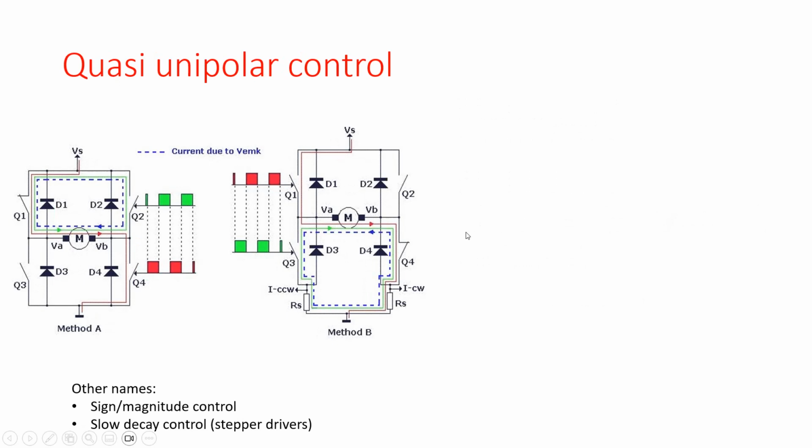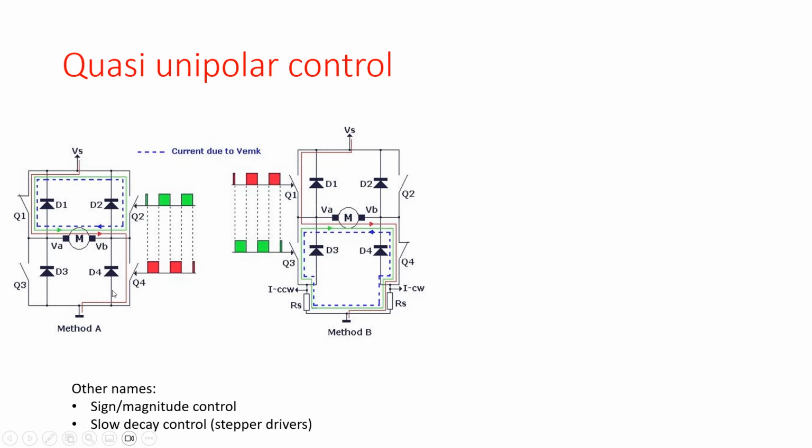Well, then let's look at the so-called quasi-unipolar control, which is also called sign magnitude control, and in the stepper world, the world of the stepper drivers, they often call it slow decay control. What do we do in this situation? Well, during the whole operation we put Q1 into conduction, so we close Q1 all of the time, and we put again the PWM to Q4 over here.